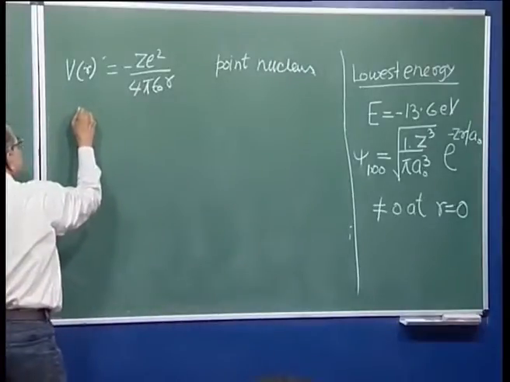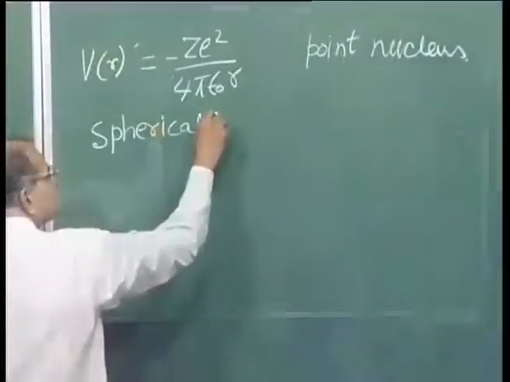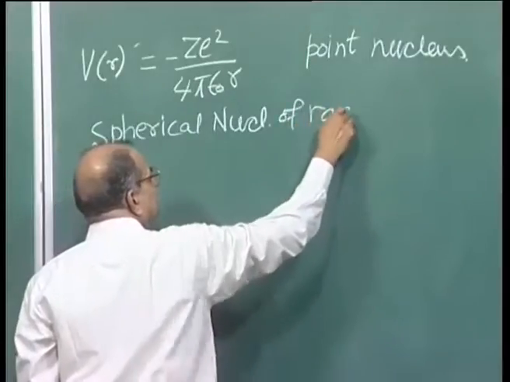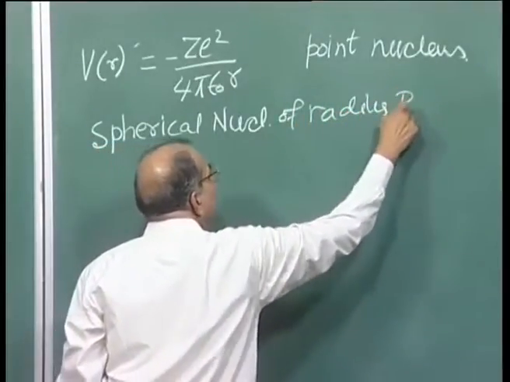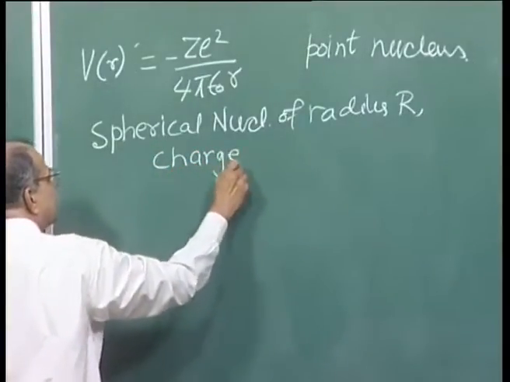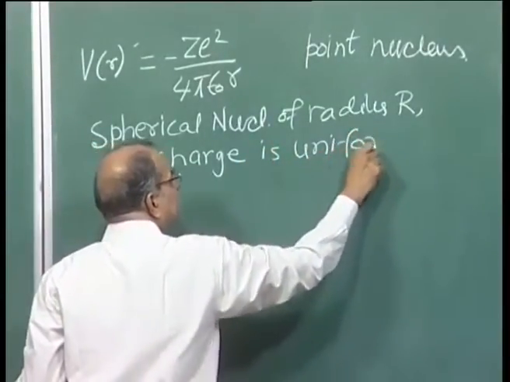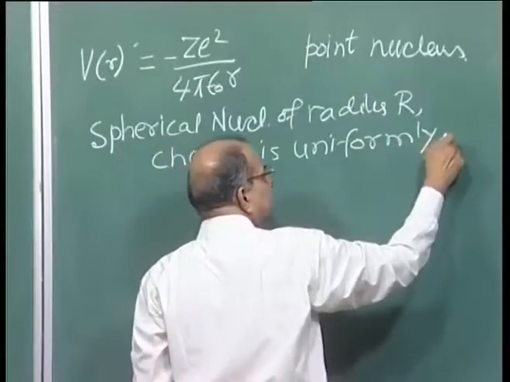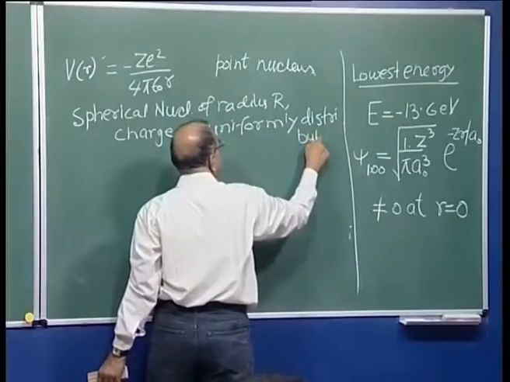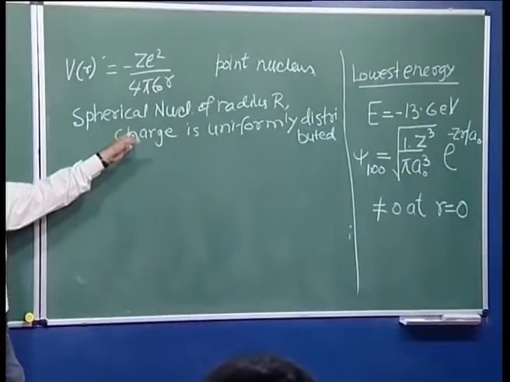Now, assume that it is a spherical nucleus of radius R, and also that the charge is uniformly distributed. Let us make all these assumptions to get an estimate. Which charge am I talking about? The nuclear charge.